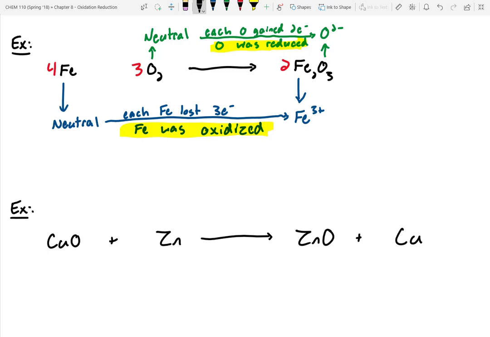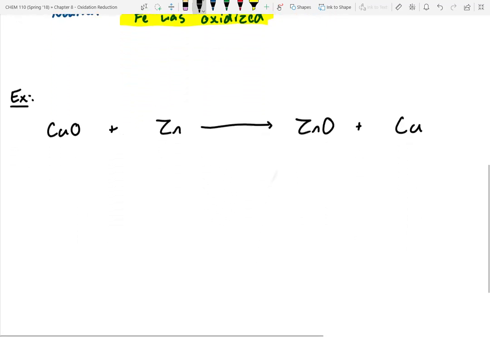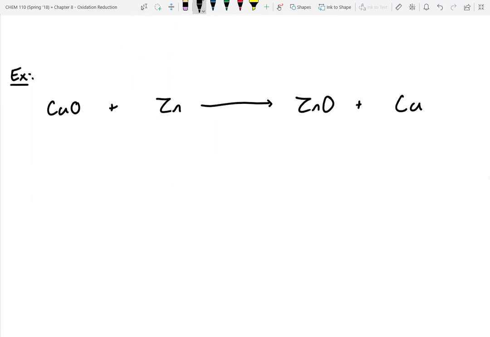All right, so just like before, we need to figure out which atoms were being oxidized and which were being reduced. So let's go ahead and start with the copper here. What charge does this copper have if it's ionic? It's not by itself. 2. So we'd say copper 2+. Over here, copper is an individual element, so we treat it as neutral.